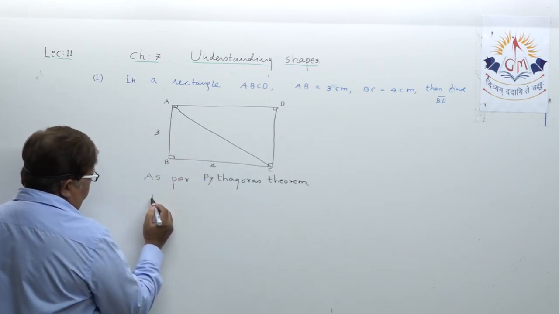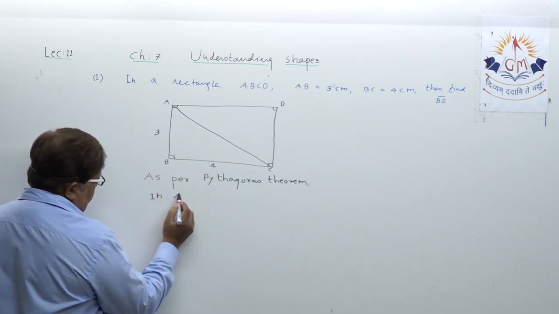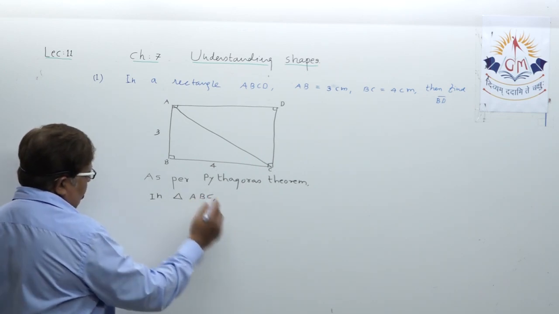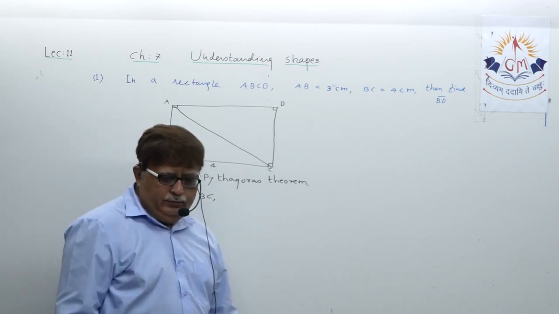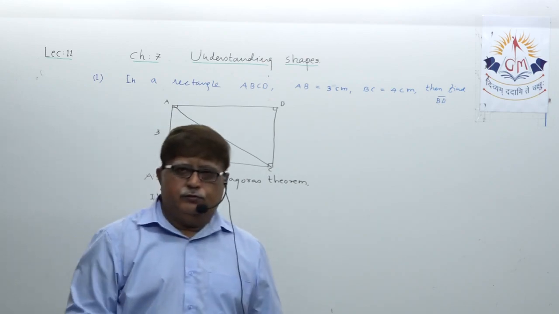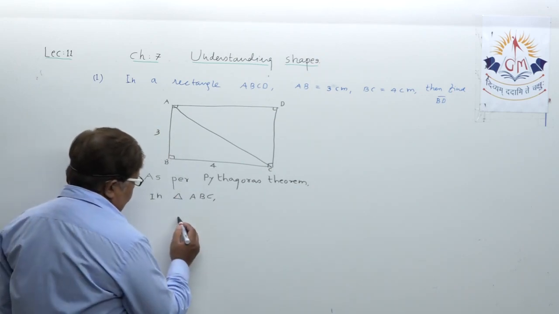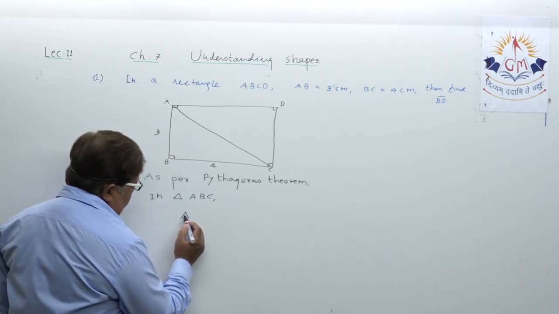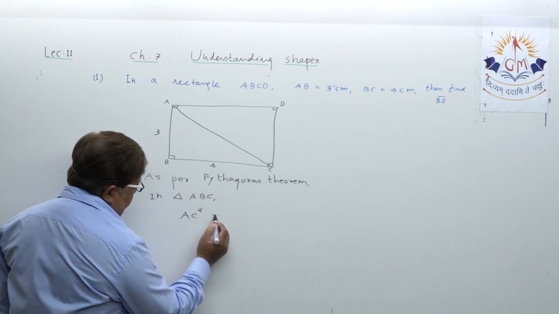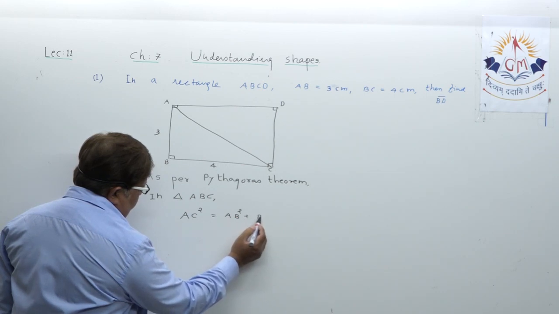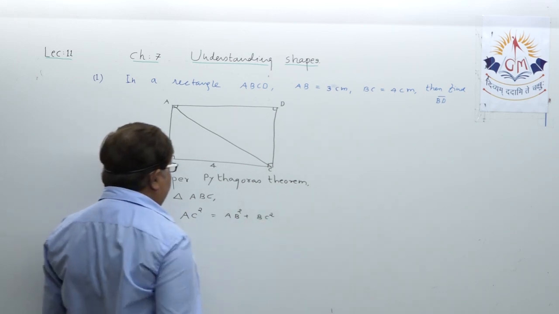Let me mention the triangle: in triangle ABC, as per Pythagoras theorem in triangle ABC, what you will write? AC square equal to AB square plus BC square, that you all know.